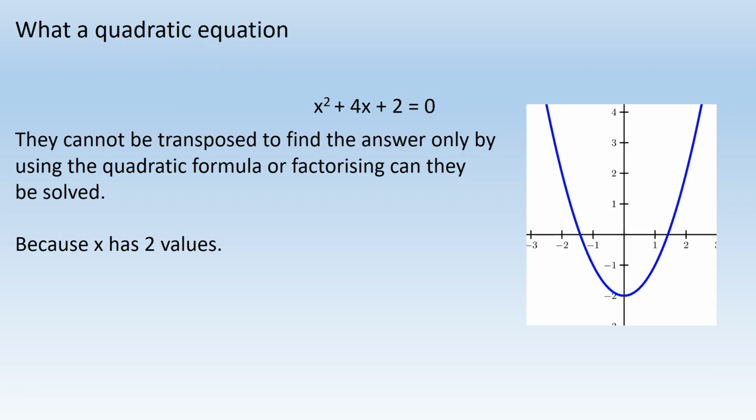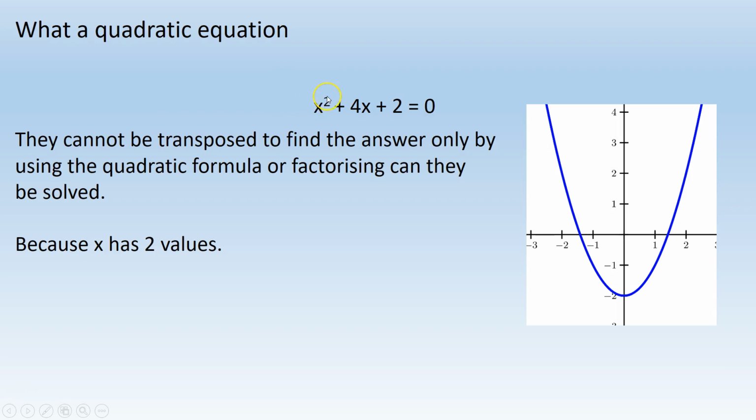So what is a quadratic equation? This equation that we can see up here, which is x squared plus 4x plus 2 equals 0, is a quadratic equation. The x can be 4x, 5x, and so on.